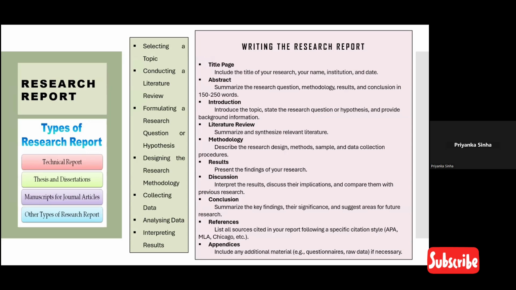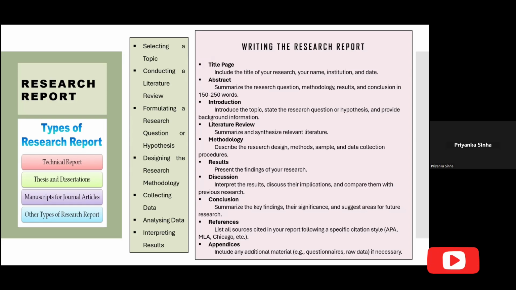The research report. The types of research report we use depending on our purpose are a technical report, a thesis and dissertation, journal articles, or other types of report. Writing a research report, the following steps are used: the title page includes your research topic, your name, institution and date.